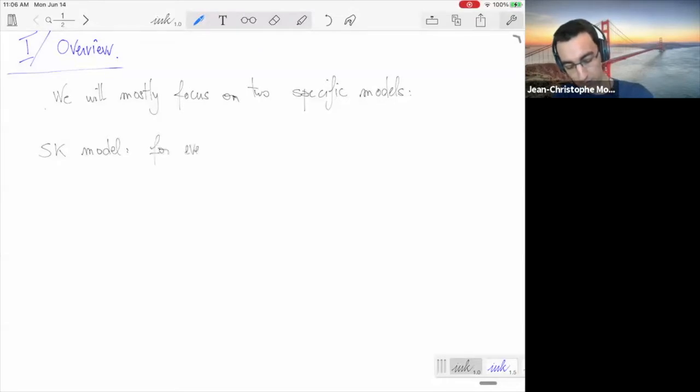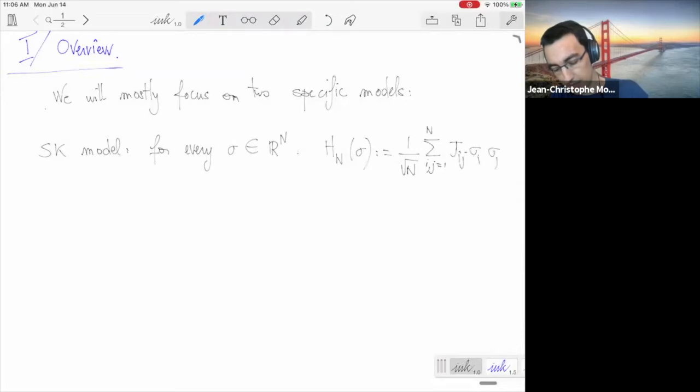For every sigma in R^n, we set the energy function Hn as a function of sigma, which is 1 over square root of n, sum over all i and j of Jij sigma i sigma j, where the Jij are independent standard Gaussians.